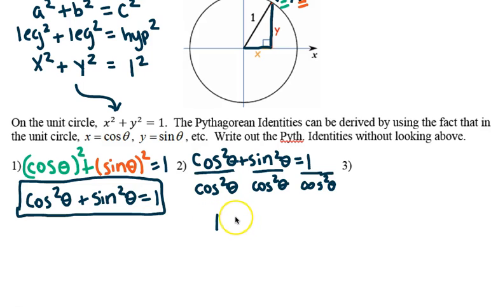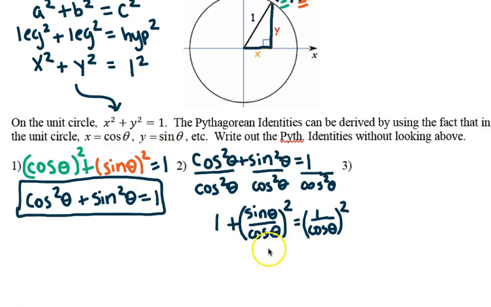Anything divided by itself is 1, plus. Now we have to keep in mind that this is the sine squared theta divided by cosine squared theta. We can really rewrite that as sine theta over cosine theta quantity squared, right? And that equals 1 over cosine theta quantity squared.